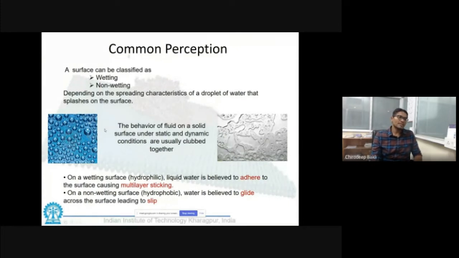You can assume that this is the surface of your car, which is supposed to not get wet, because if it gets wet with raindrops, you are going to have a lot of problems. There will be erosion and so on. And also modern day lenses come with a coating, so that droplets do not stick to the glass.